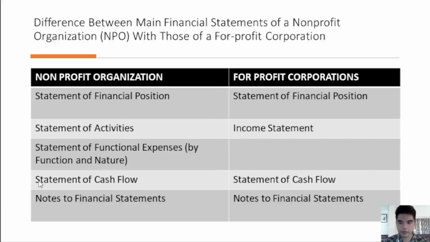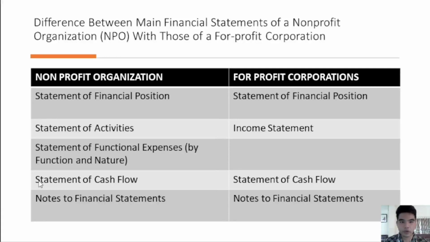So, to better understand this discussion, I have come up with this particular table. So, in here, we can see the difference and similarities between main financial statements of a non-profit organization with those of a for-profit corporation or entities.